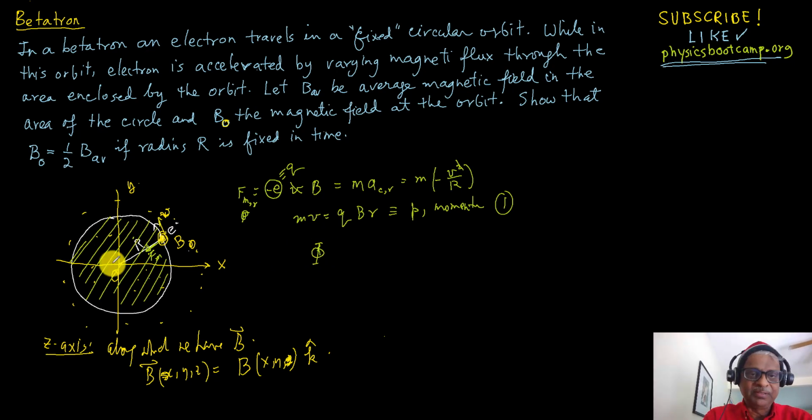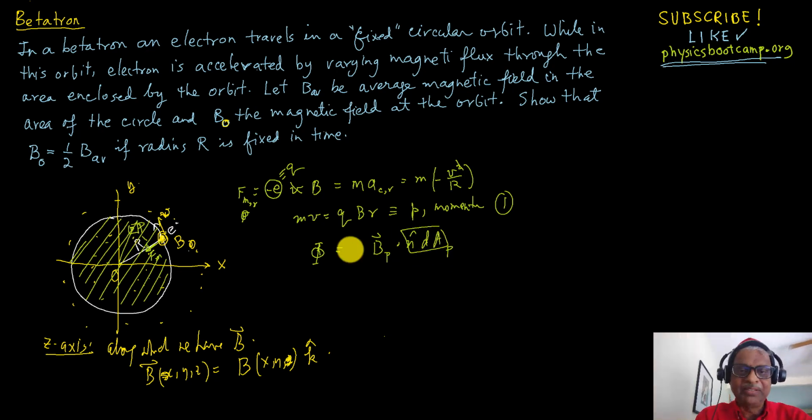At this instant, flux will be equal to the integral of B at any point, say P, B at some point P dot n hat dA, and this dA is a little element of the area at point P, over this area. So this is the surface S.